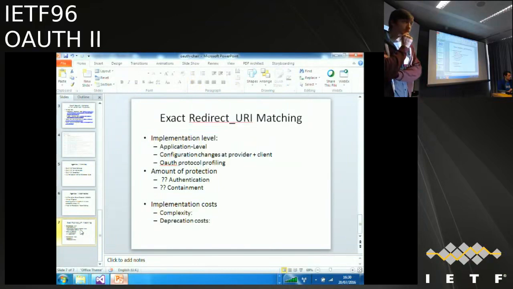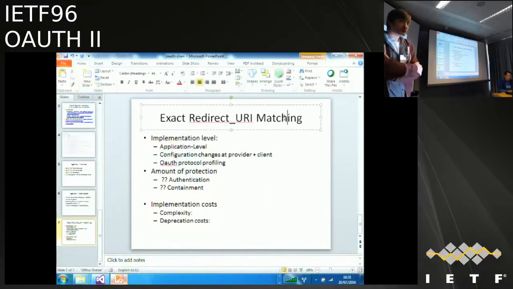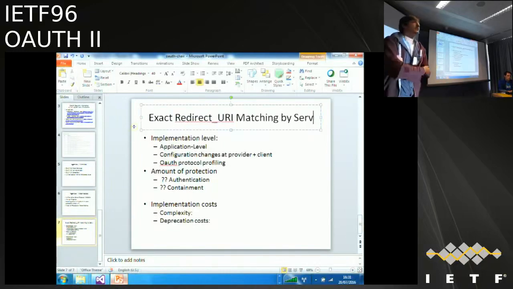That's included in here. Well, they're different things. One is whether the server does exact matching. And the other is whether the client is free to use a single redirect URI with multiple authorization servers, or whether it needs to use different ones.